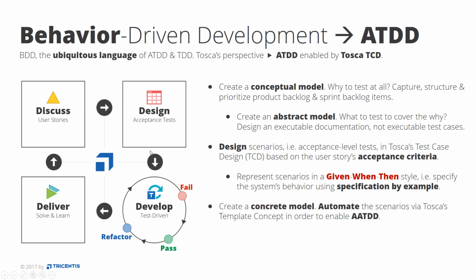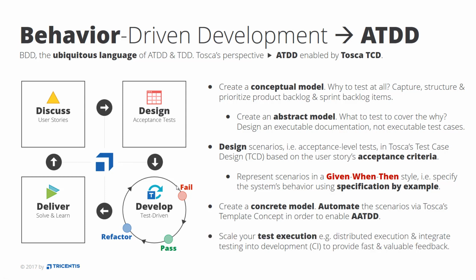So the next step would be to create a concrete model, so automate the scenarios via Tosca's template concept in order to enable automated acceptance test stream development. This will be this cycle here to really create automated tests in Tosca and let it run until it passes.